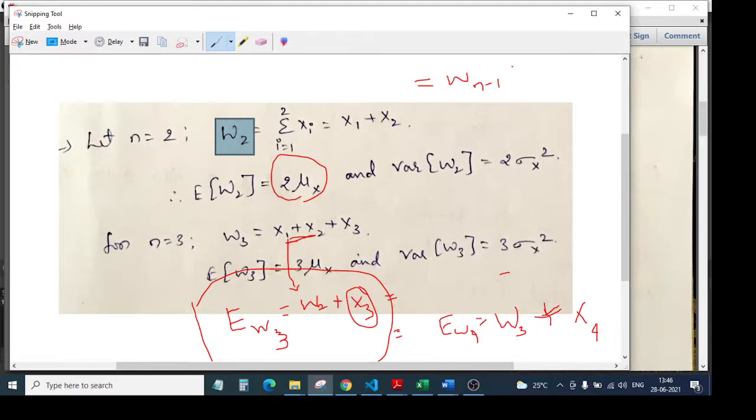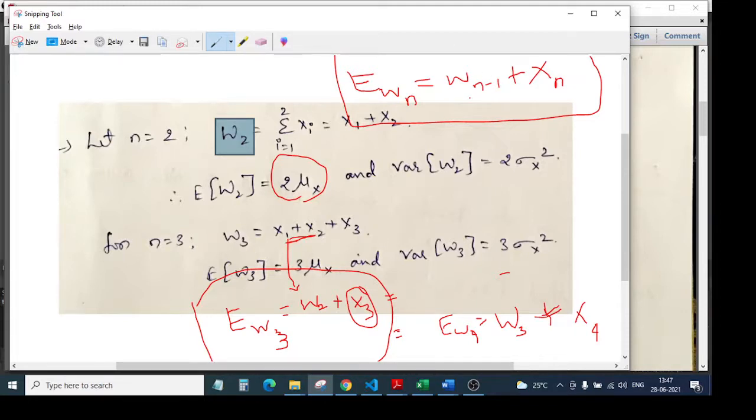Plus we have one more term. Here we have x3, x4 and so on. So this becomes plus x of n. This is nothing but your expectation of Wn. Very important formula. We might use this in your problems as well. So expectation of Wn is equal to W of n minus 1 plus xn. I hope you understood how we got this.